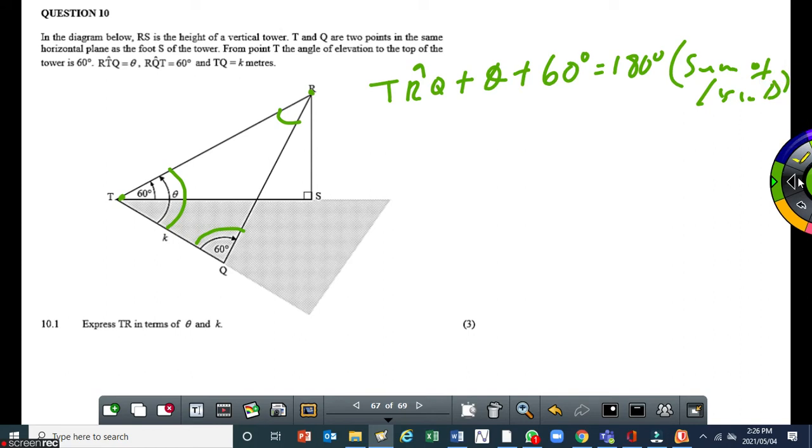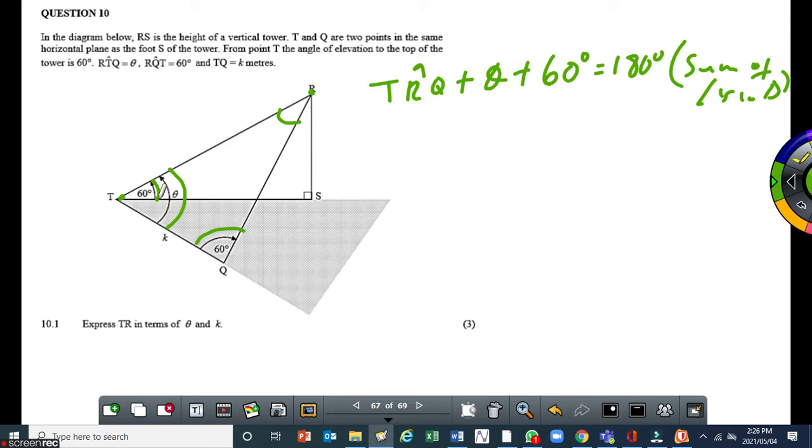It's not equal at all because this 60 degrees is part of the right angle. That 60 degrees is not part of the right angle. TRQ plus theta plus 60 is equal to that.